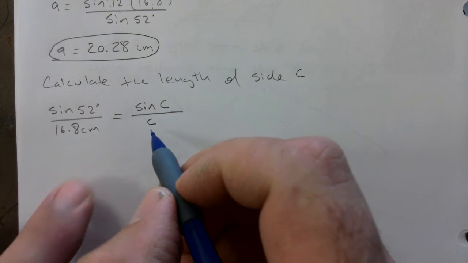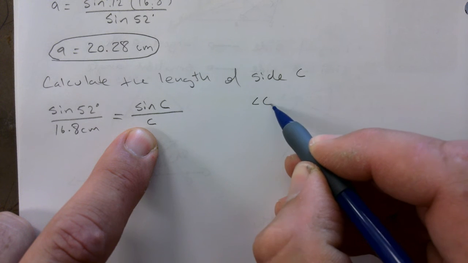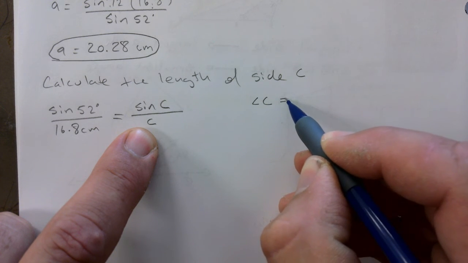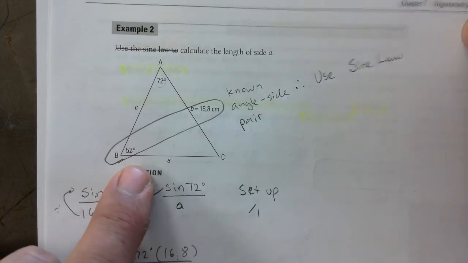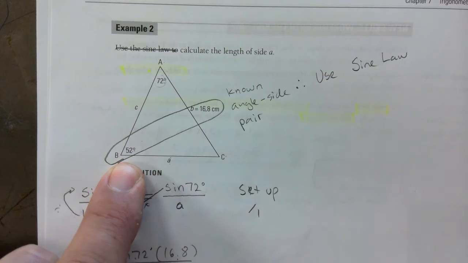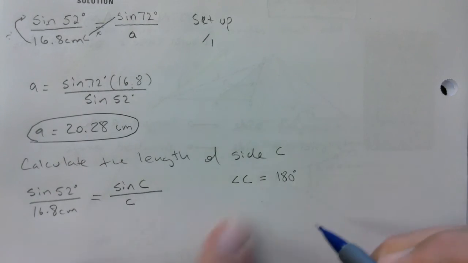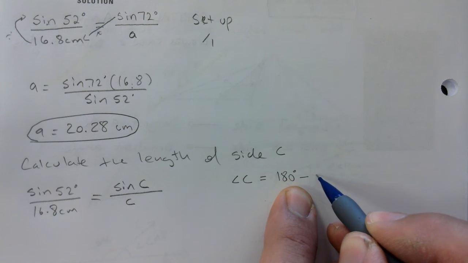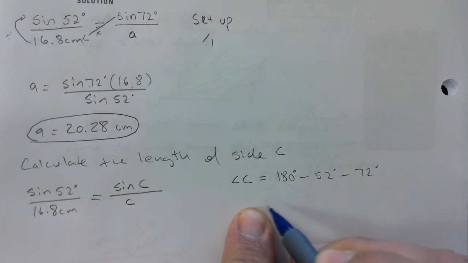Okay, I know how to find C. Angle C is going to be, how many angles do I know in that triangle? I know 2, correct? So I will use the property that all angles in a triangle add up to 180. So I'm going to subtract 52, and I'm going to subtract 72 from it.